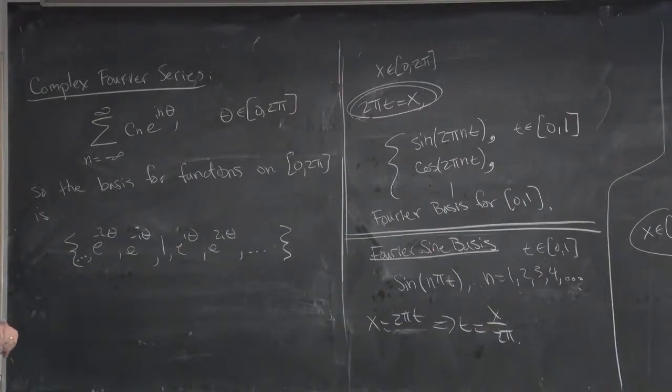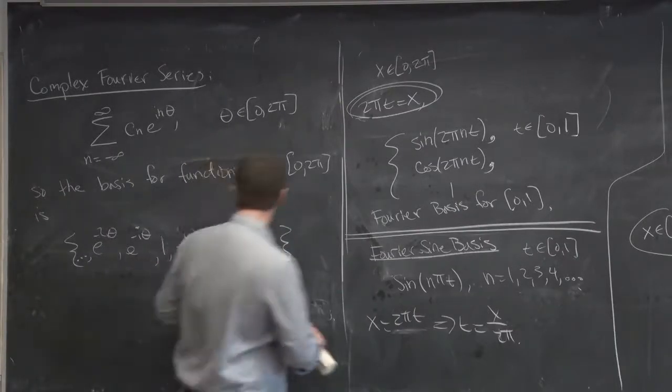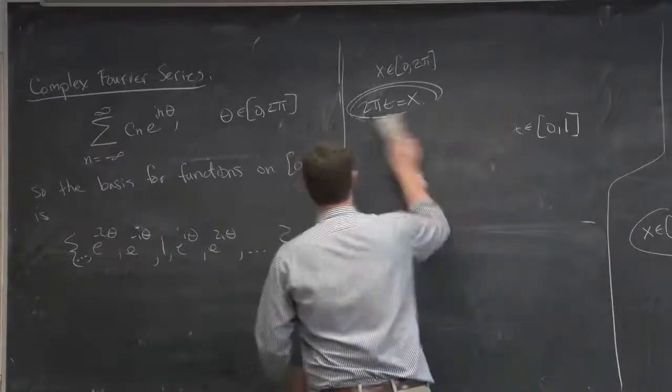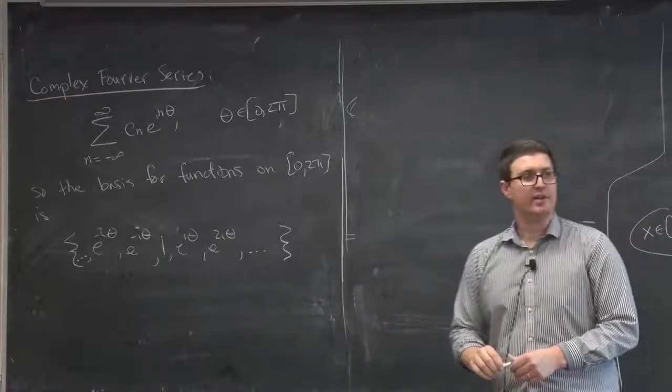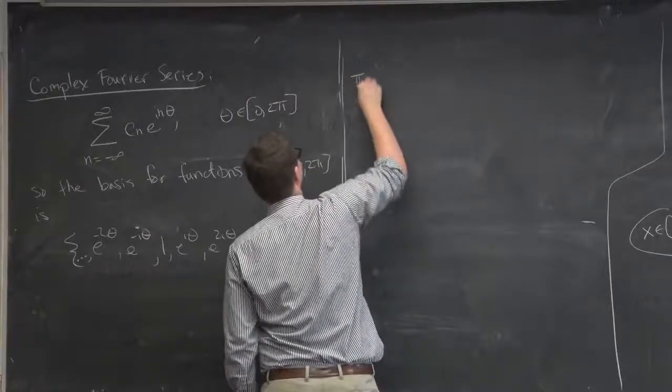It's really easy to see that they're orthogonal, but you have to change the inner product. So the inner product here, and this is usually what we call, when mathematicians use the word Fourier series, this is what they mean usually. Right? An expansion in terms of this one. Okay? So the inner product here needs to change.